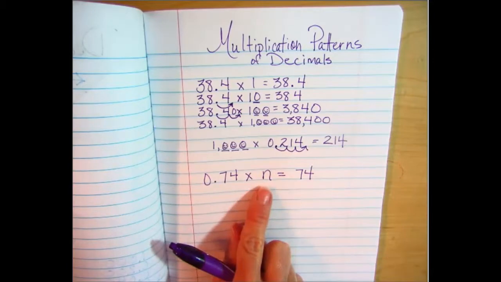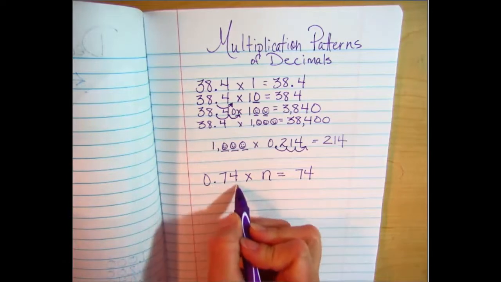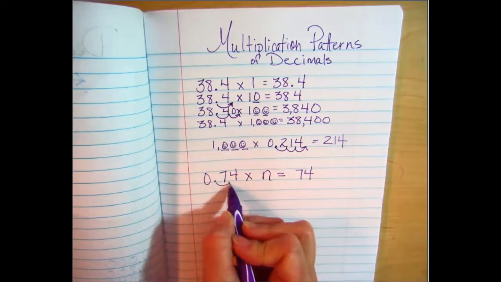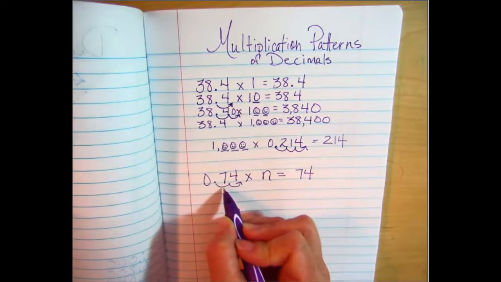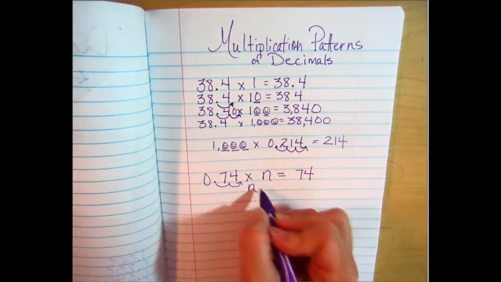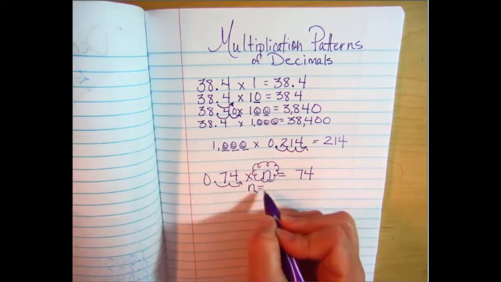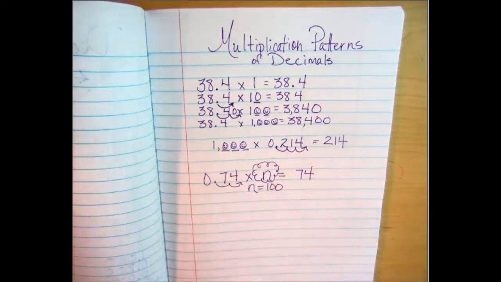How many times did that have to move over? How many times did my decimal move over? Twice. So what does the n have to be if I just did 2 jumps? 100. Good. So my missing number, my variable n, is equal to 100.